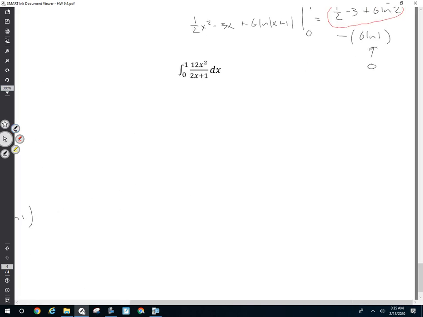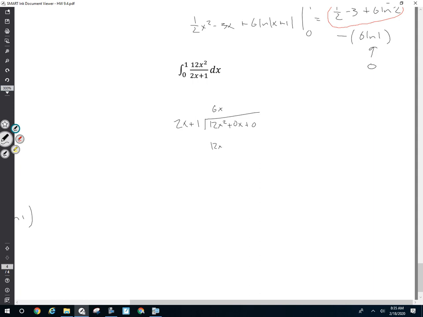Last one. Tricky. You see the numerator? The degree is bigger than the denominator. I would divide. Now when I divide, since it's not just an x plus, I would actually use long division. I'd have 6x.